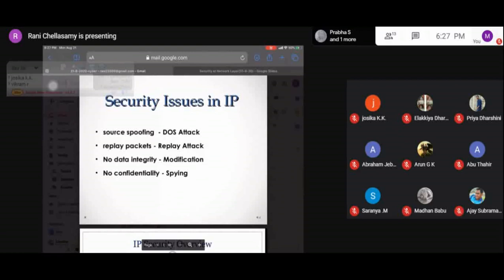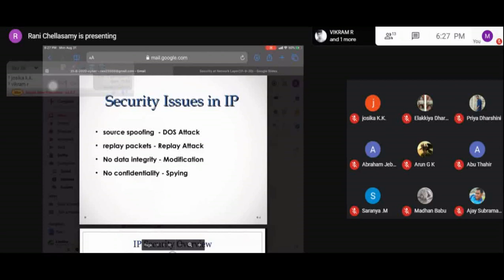It's a specific security issue. And no confidentiality is maintained, which means no encryption. No encryption means you can spy on the transmission of data between the sender and the receiver. So these are some of the security issues in the network layer.